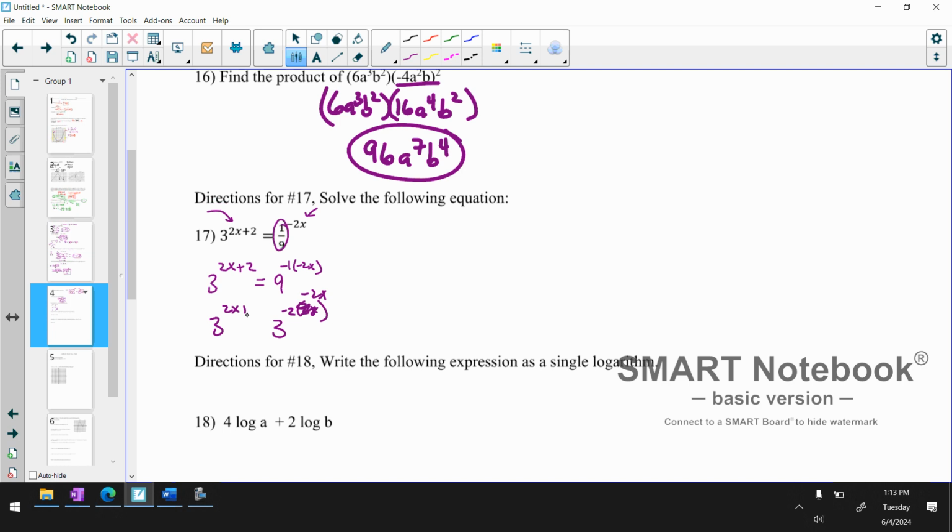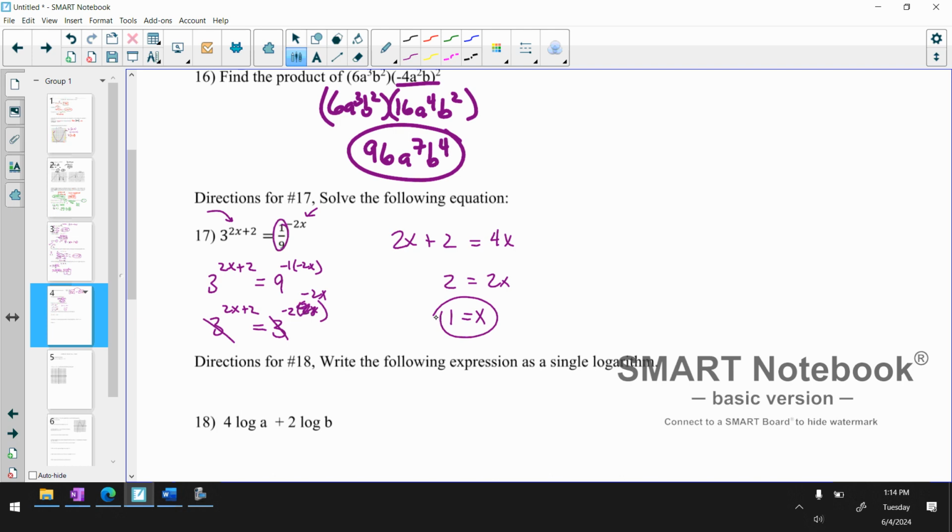This is 2x plus 2. Once the bases are the same, you set them equal to each other. That's 4x. And that's going to get me 2x equals 2, so x equals 1.